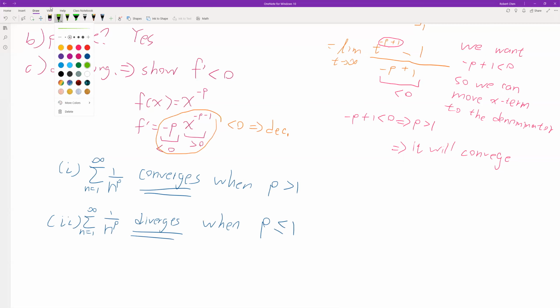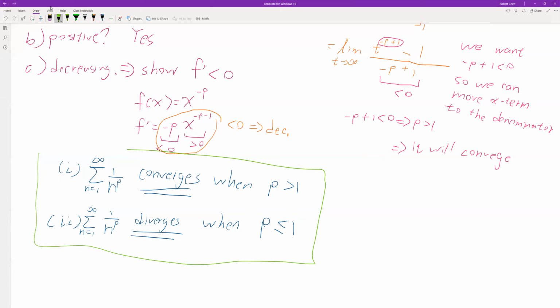Okay, and this is the result that we can use. When you have these types of series, you can just recall the result that we have from this example. 1 over n to the p, this infinite series will converge when p is strictly greater than 1, like 1.1, 1.2, and so on, 2, 3, 4, and so on.